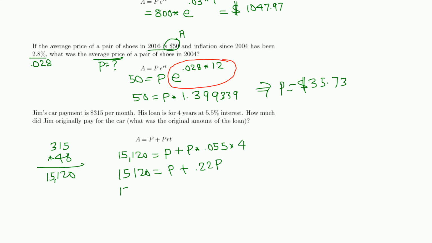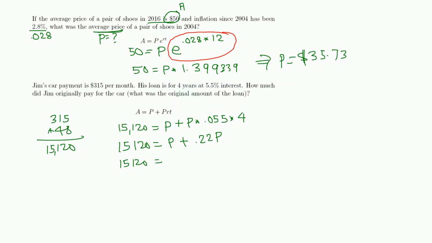Now add these two like terms. 15,120 equals 1P plus 0.22P. So 1 plus 0.22 is 1.22. So if we add these two, we get 1.22P.